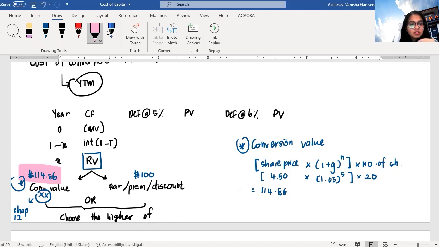You just need to calculate an additional value, which is your conversion value, and compare it with your par, premium or discount. So remember to pay attention to the little parts that may affect your answer.